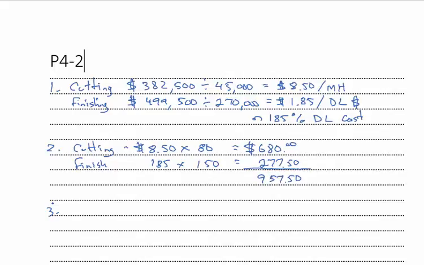You would not expect a big difference going from departmental overhead rates to a single plant-wide overhead rate if the departmental rates were kind of homogeneous. In other words, if they moved in the same way.